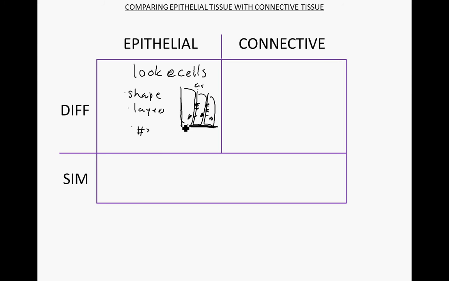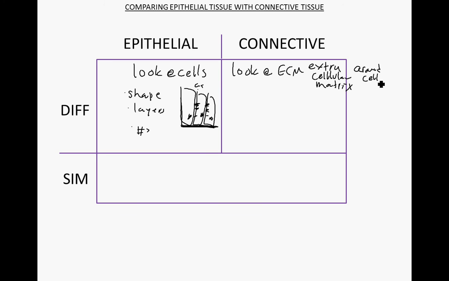We're going to contrast that with when we try to identify different connective tissues. We don't want to look at the cell. We want to primarily look at the ECM, or the extracellular matrix. This extracellular matrix is the stuff around the outside of the cell.